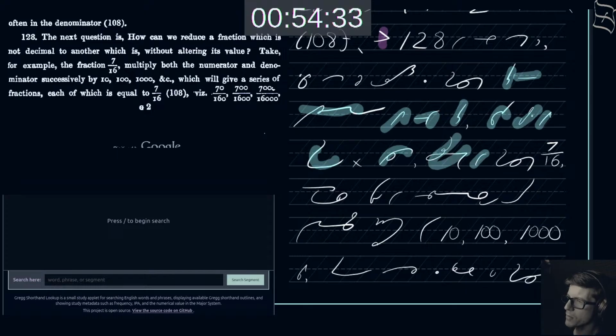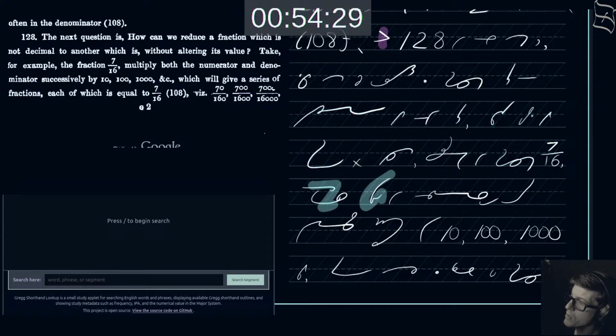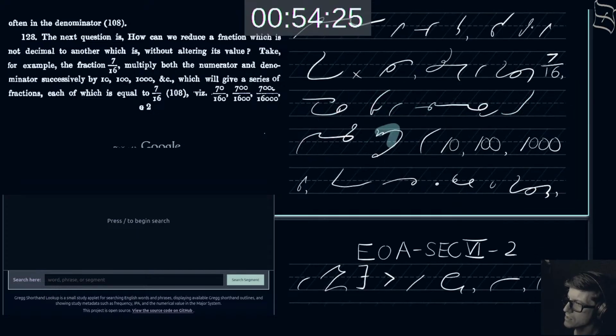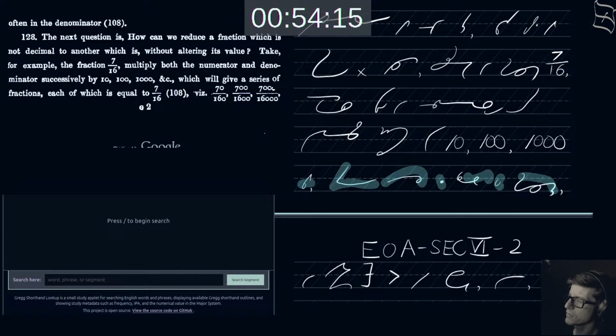Take, for example, the fraction 7/16. Multiply both the numerator and denominator successively by 10, 100, 1000, etc.